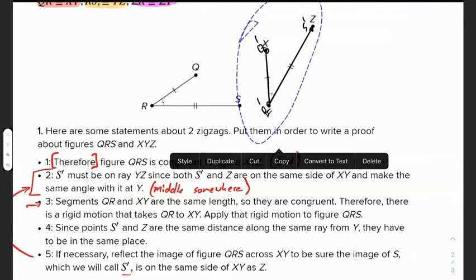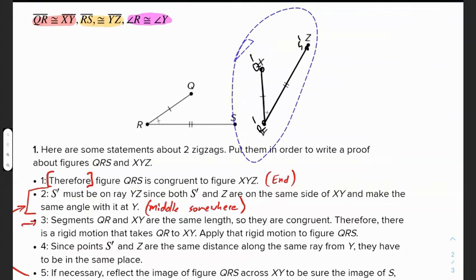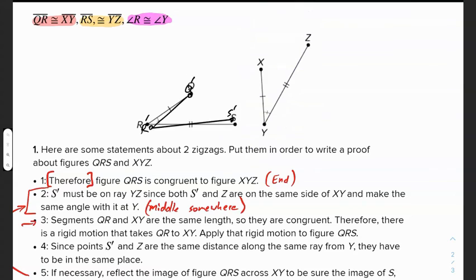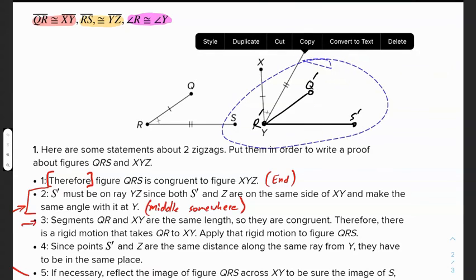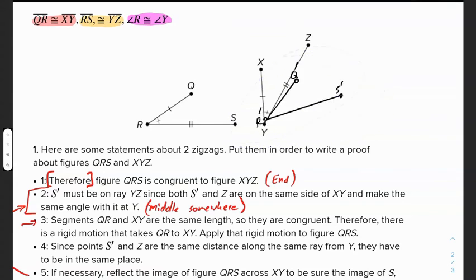Same side. Oh, okay, so I see what they did. Watch this. Notice how when I moved originally for step 3, I not only did a translation, but then I also did a rotation. What they're saying here is if you ended up doing something like this, with just a pure translation, you would need some kind of reflection to get S onto the same side.